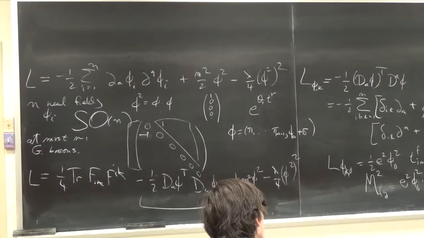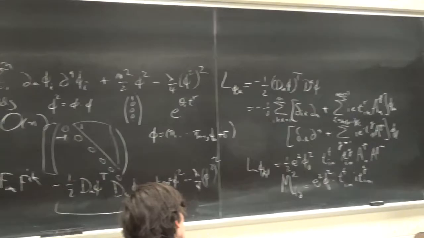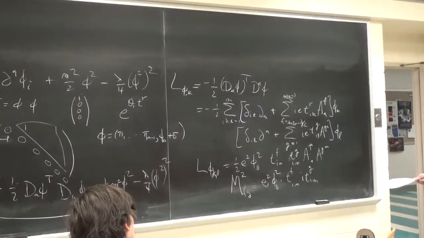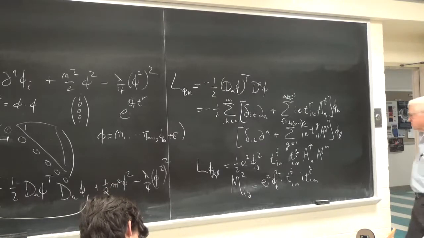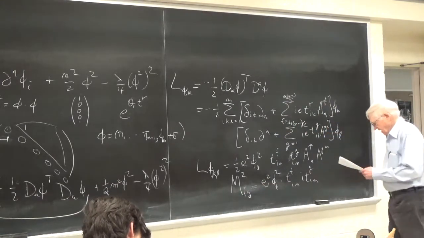And with the i's in there, they actually are real, and I have here symmetric, but they should, oh, the m squared is real, so the m squared, of course, is real and symmetric.